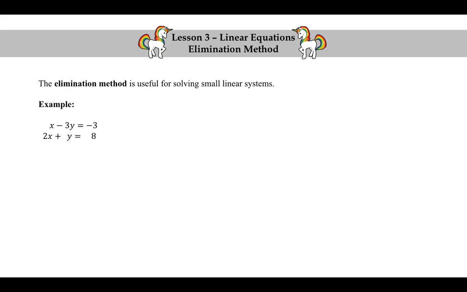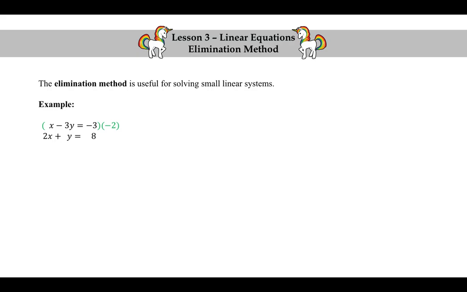In this case, it's not as simple as just adding the two equations, because if we were to add these two equations, neither of the variables would go away. Another thing that we're allowed to do that won't change the solution set of the system is we can multiply either equation by any non-zero number that we like.